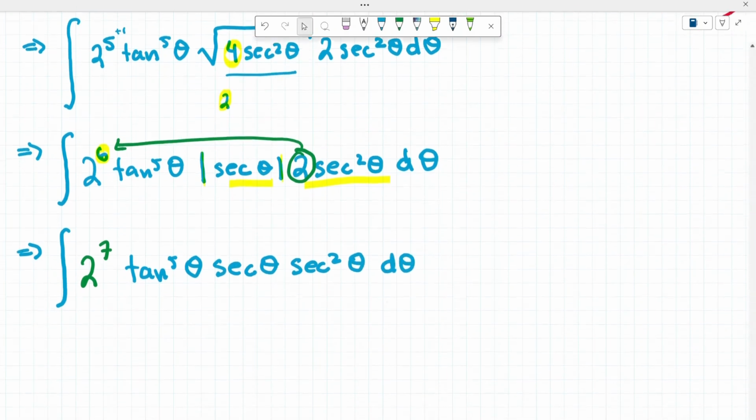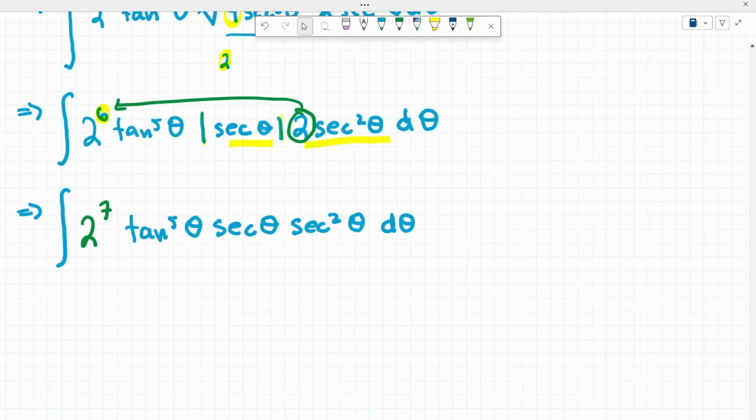And the reason why we can do that is, remember that we set the specific bounds for theta, and within those specific bounds our secant is going to be positive. That's why we can take this piece over here in the absolute value and then simply end up with just secant theta.